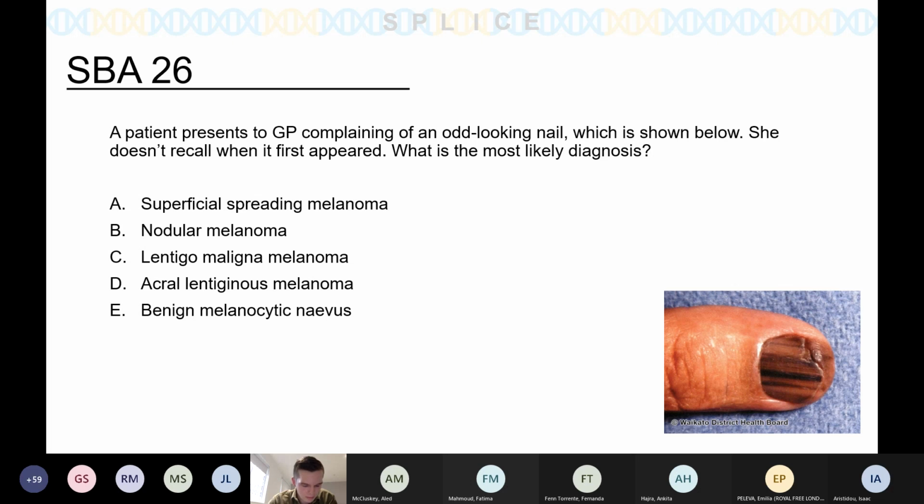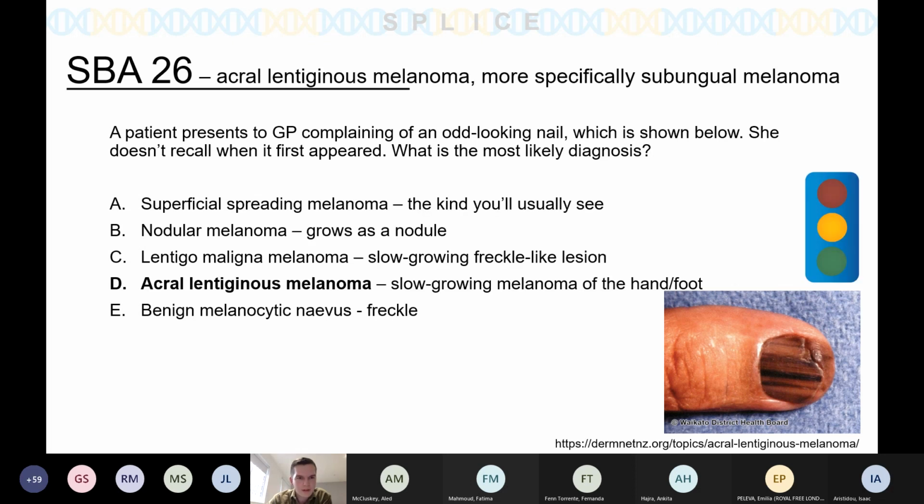This may or may not be melanoma. Let's see what you think. Nice, okay.